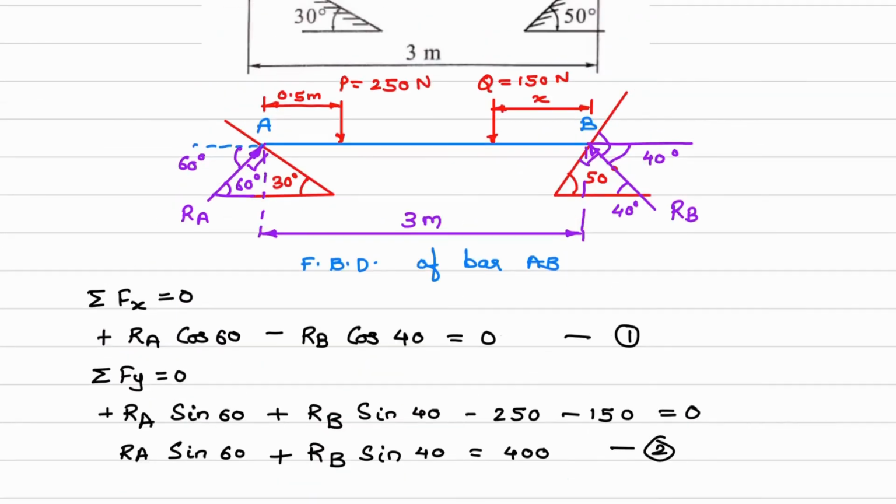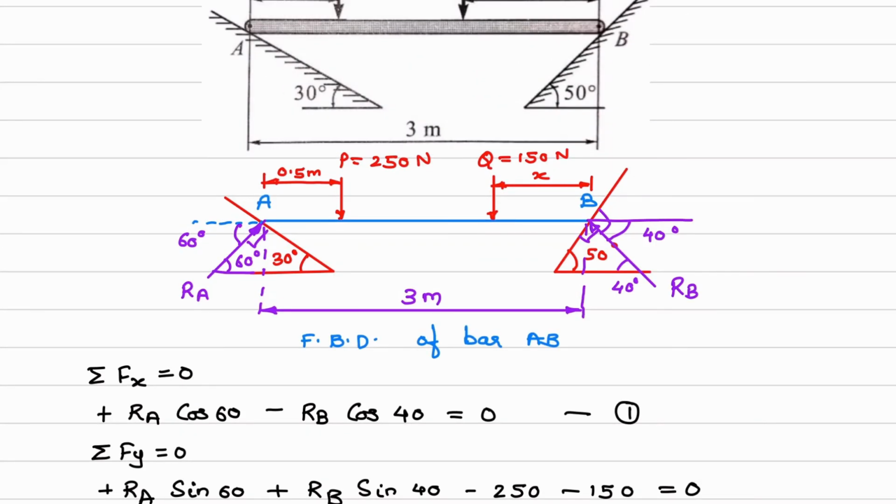Now what is this summation of moment about point B equal to 0? Keep your thumb over here, and your index finger at this location. If you recall, for this RA we have two components, one vertical and one horizontal. The horizontal component line of action passes through point B, so its moment will be 0.